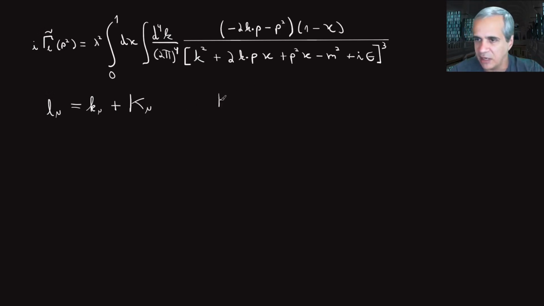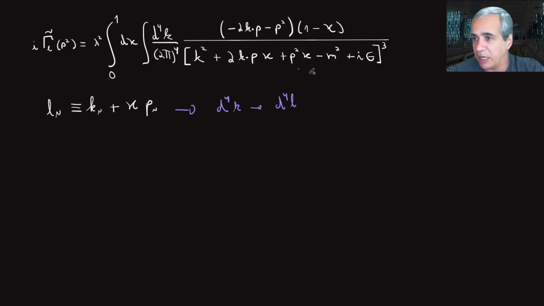In this case, I can just take this to the square and compare, and the conclusion will be that the shift needs to be x P mu. So you can make the change of variables, defining this L mu equal to K mu plus x P mu. And this is a simple change of variables in this integral. d4k will go to d4l.